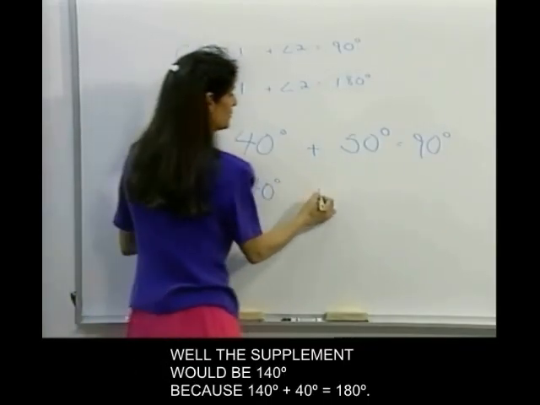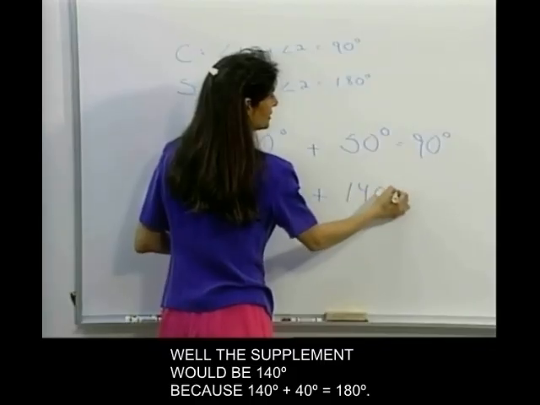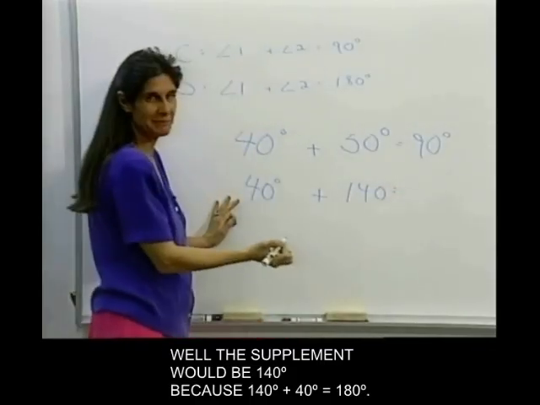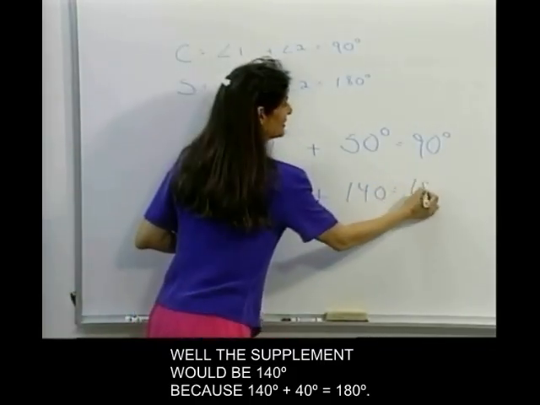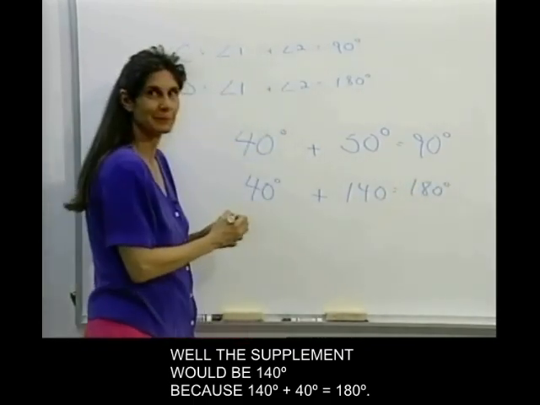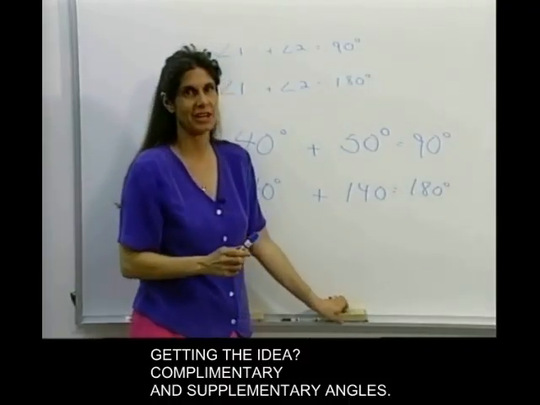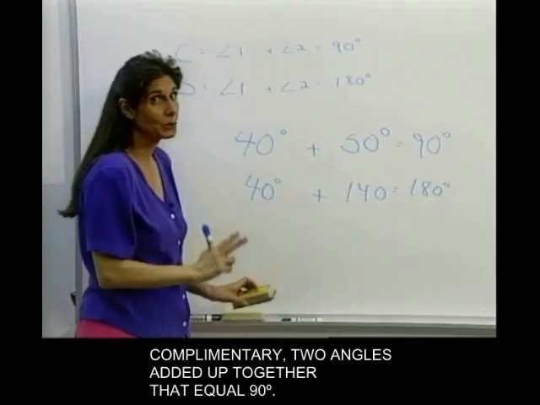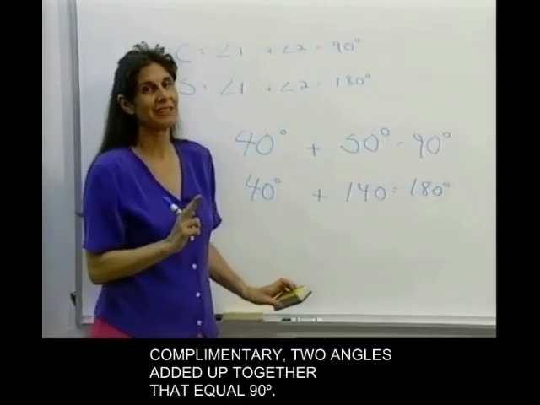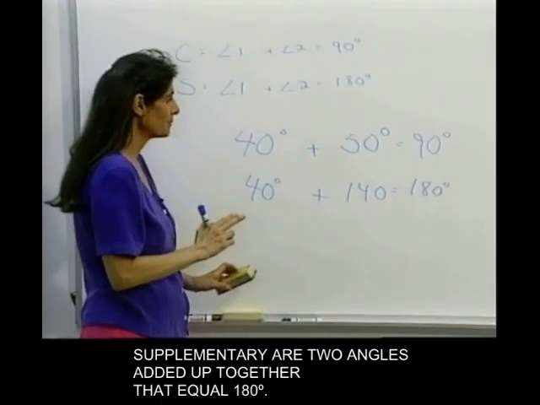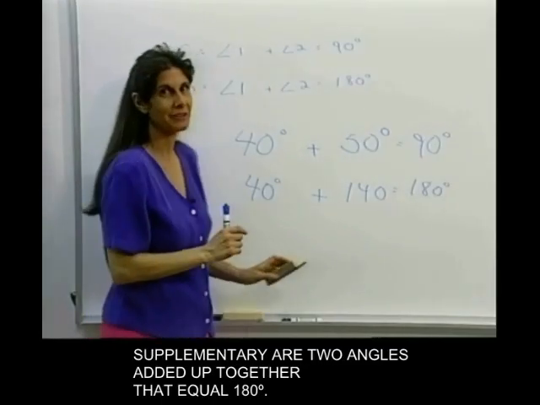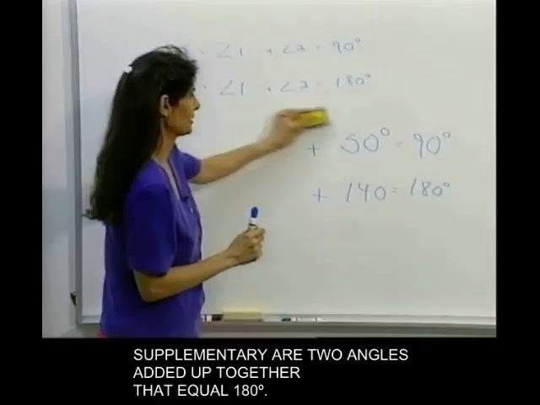Well, the supplement would be 140 degrees, because 140 plus 40 equals 180 degrees. Getting the idea? Complementary and supplementary angles. Complementary, 2 angles added up together that equal 90 degrees. Supplementary are 2 angles added up together that equal 180 degrees.